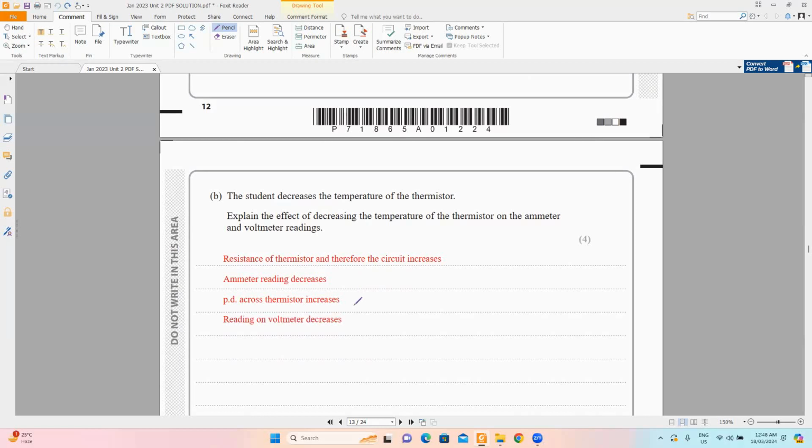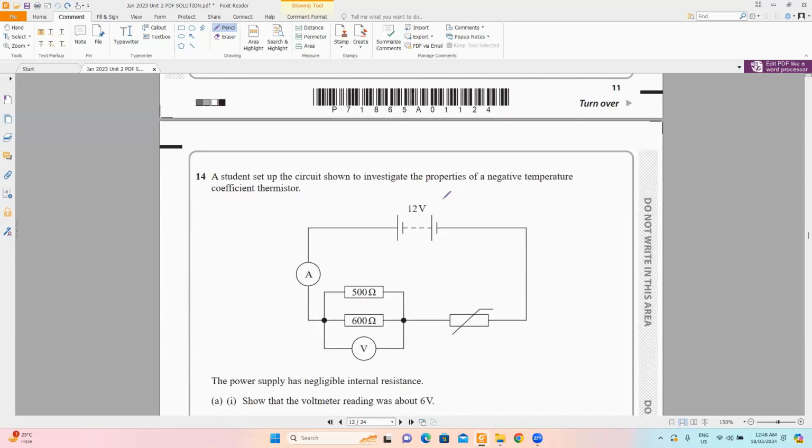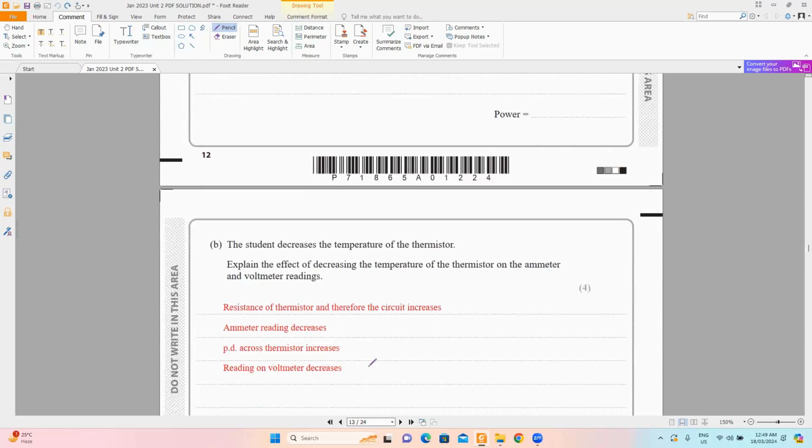And an extra point would be, since it's a series circuit, and in series the voltage is shared according to the ratio of the resistance, the higher the resistance, the greater the voltage. Since the thermistor now has a greater resistance, the voltage across it would be greater. And if the voltage across the thermistor increases, the voltage across the parallel branch must decrease. These are your points.